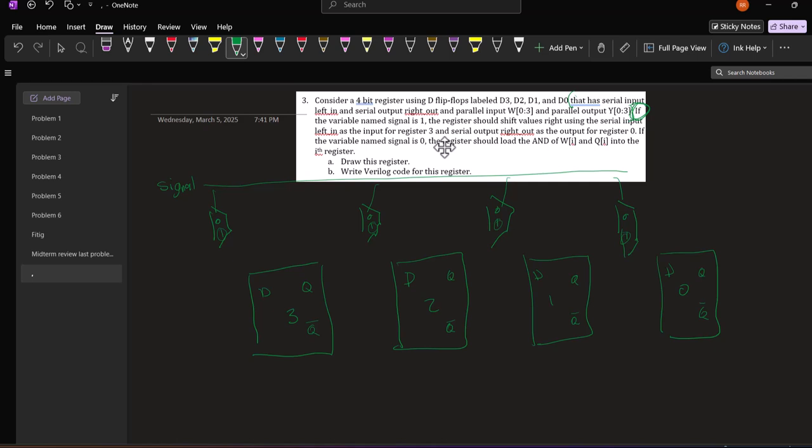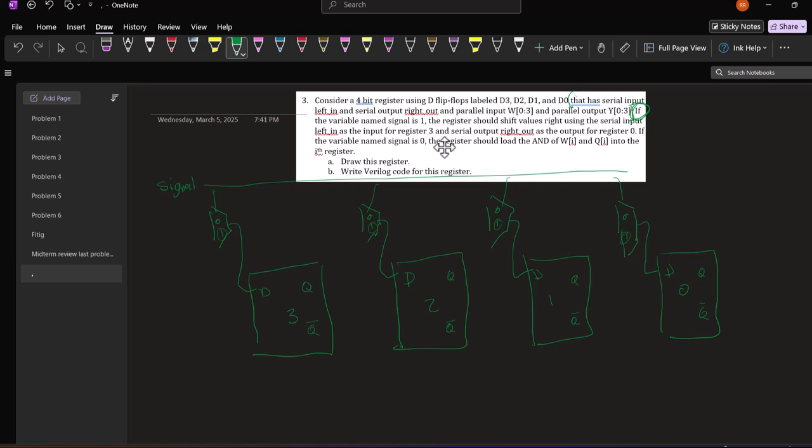The output of the multiplexer is the input to the flip-flop. Okay, so if the variable named signal is 1, the register should shift values right using the serial input left in as the input for register 3 and serial output right out as the output for register 0.